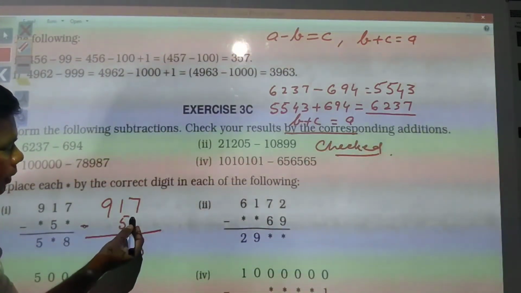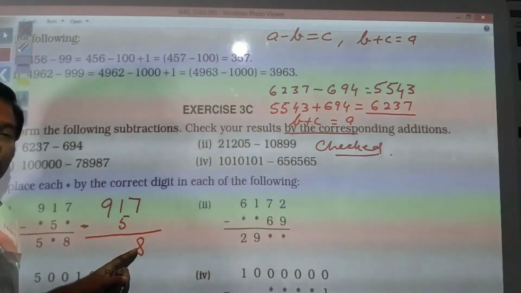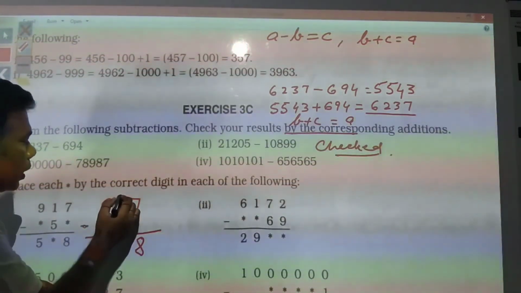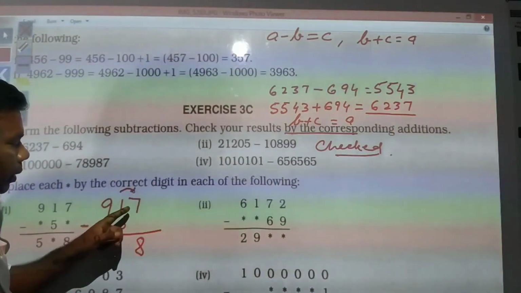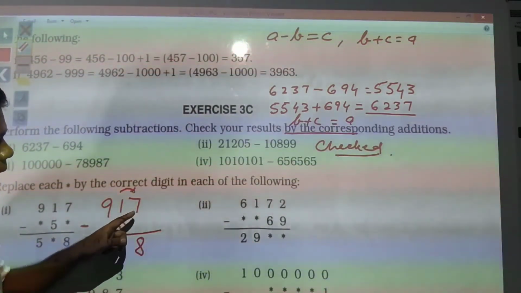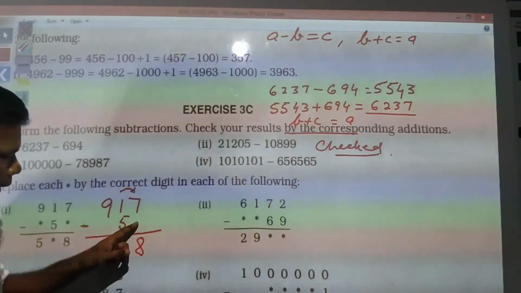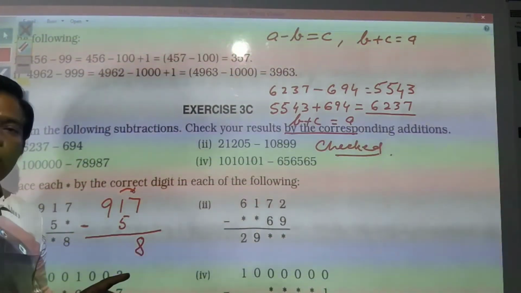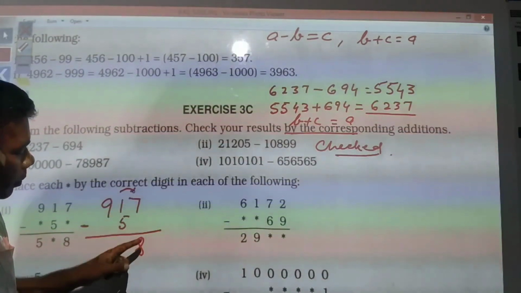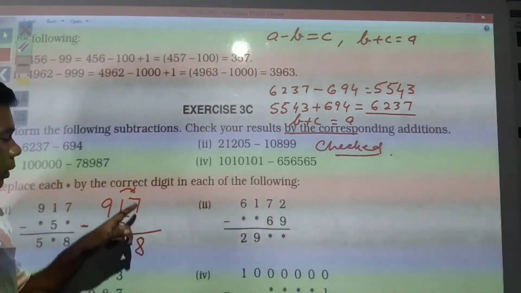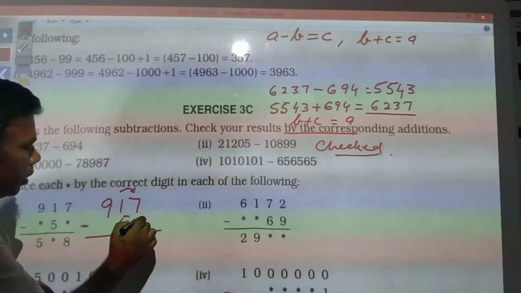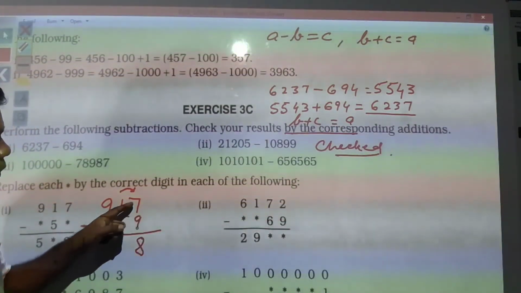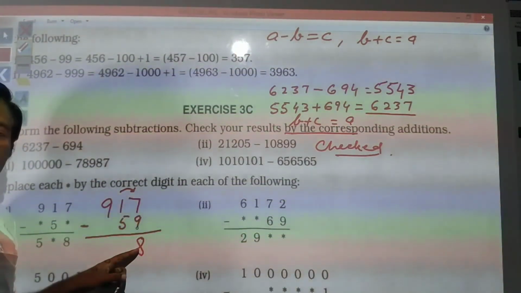What number you will subtract so that you will get 8? Bigger number you are getting. It means 1 you will carry here. So it will become 17. 17 minus what you will write here so that you will get 8. So just you do 17 minus 8. So 17 minus 8 is equal to what? 9. So 17 minus 9 is equal to 8 you will get.